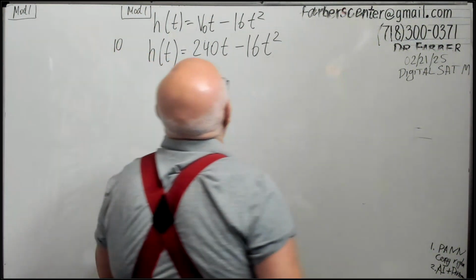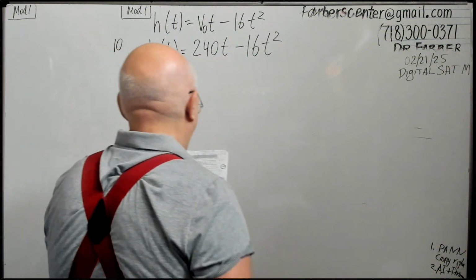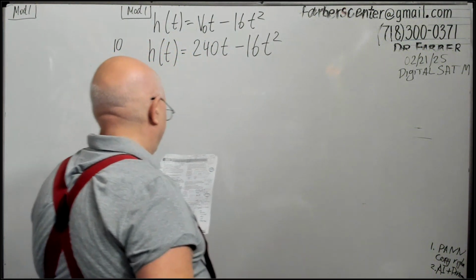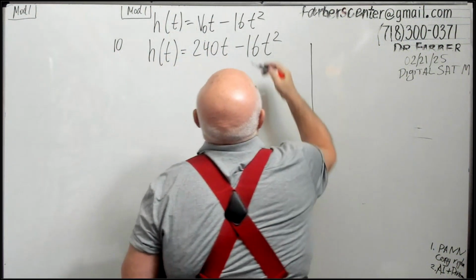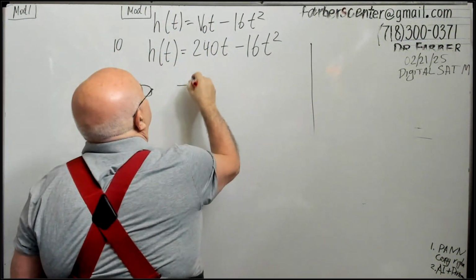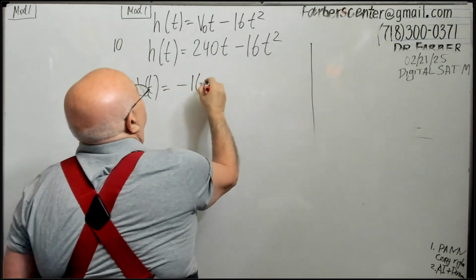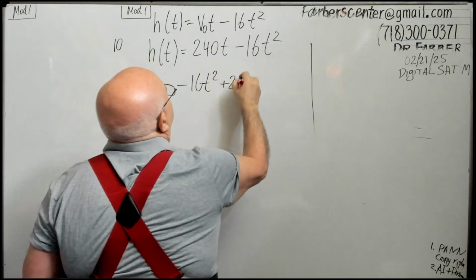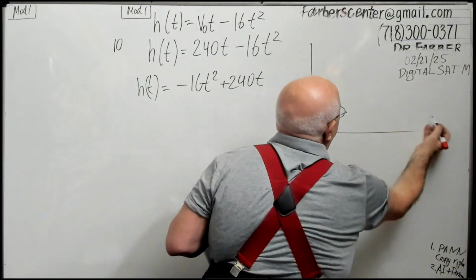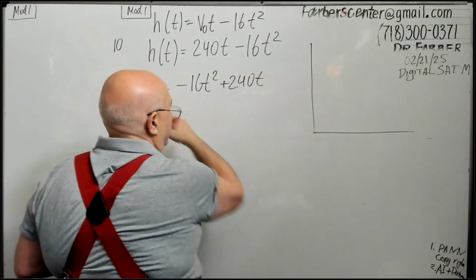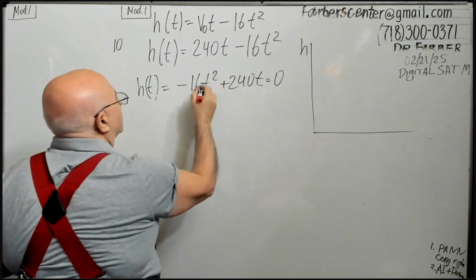Okay. So they ask you how long will it take the object to hit the ground. First of all, this parabola is h of t equals negative 16t squared plus 240t. And it hits the ground when h of t equals 0. When it equals 0, you factorize it.